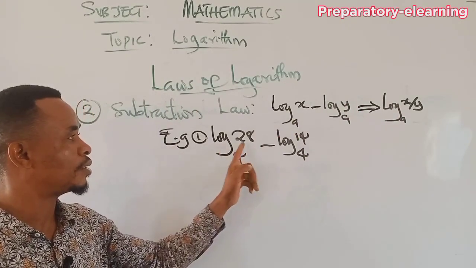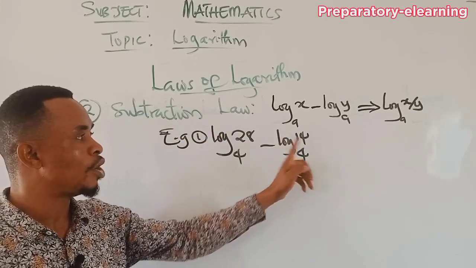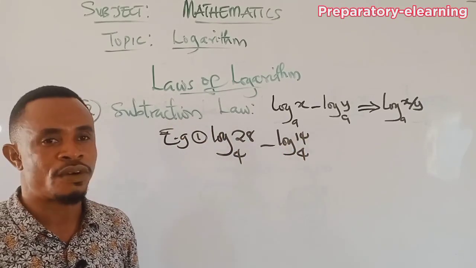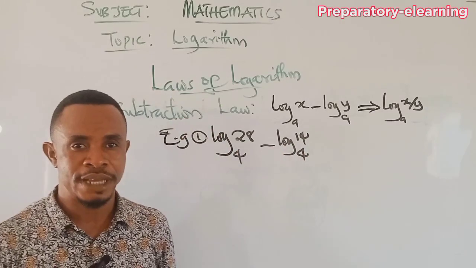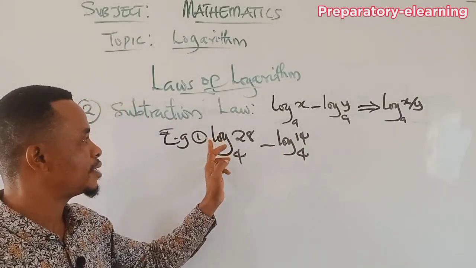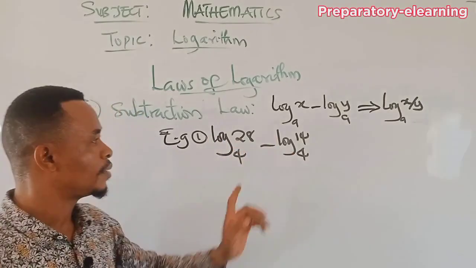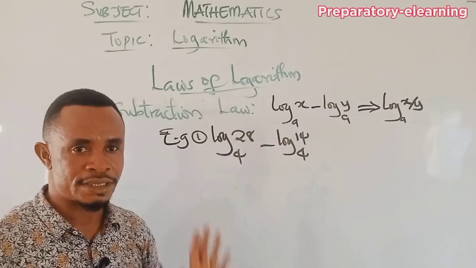Example: log 28 base 4 minus, because of the subtraction law, log 14 base 4. Now, how do we solve this? The same approach, the same method. You can look at this: there is no number here behind the log, so condition 1 is correct. And the bases are the same.